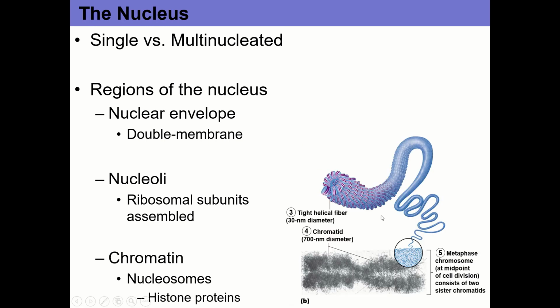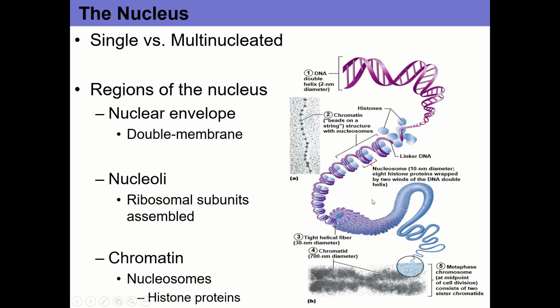So here's some DNA, and here's some chromatin. I'll show you a little closer up. So here's DNA, and it's a double helix, right? And you're familiar with that shape. These little discs here, as you can see, are histones or histone proteins. And so the way that we package DNA to make it take up less space is in the form of something called a nucleosome.